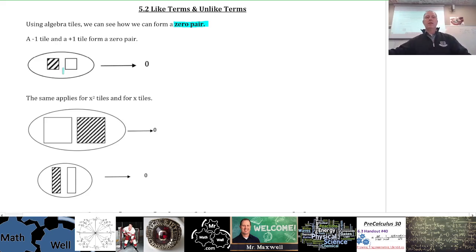So here we see, in the first example, a -1 tile, that's this darkened square, and a +1 tile, that's the empty square. When those two come together, they form a 0. They cancel each other out, okay? So you have a -1 over here, you have a +1 over here. When they come together, boom, they vaporize.